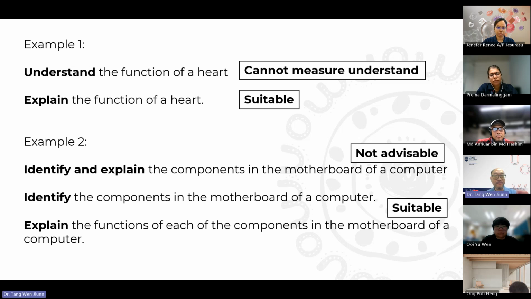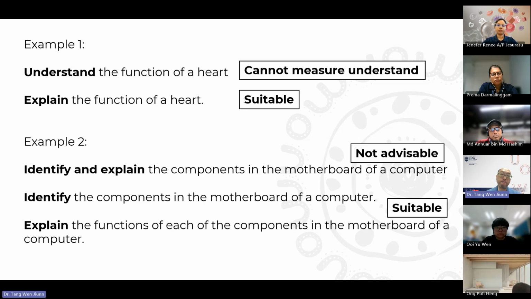If you say understand, we cannot measure. So a proper one should be something like this: explain the function of a heart. Very straightforward, there's no doubt on what you expect the students to do. Or identify the components of a heart, also quite clear cut. I just need to identify. This is how we should write the LOs, the lesson learning outcomes.